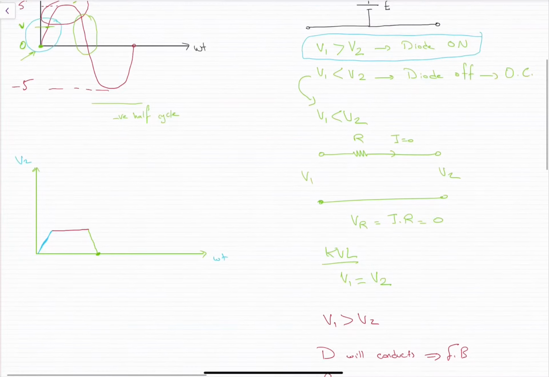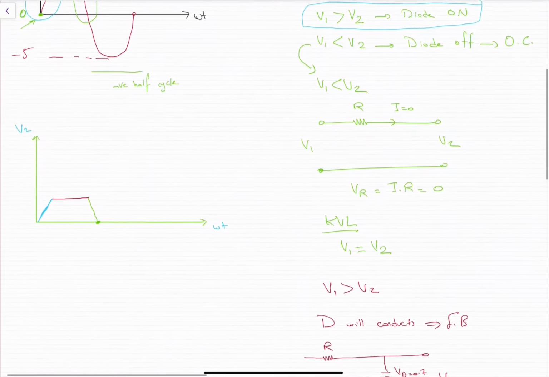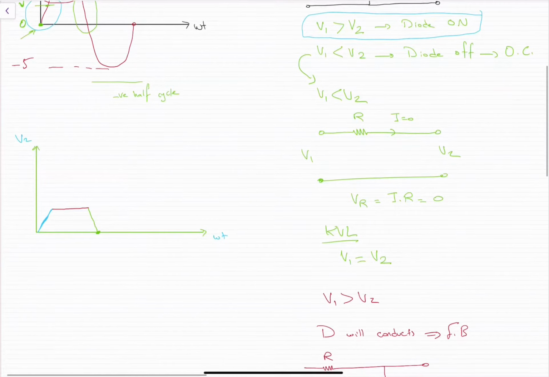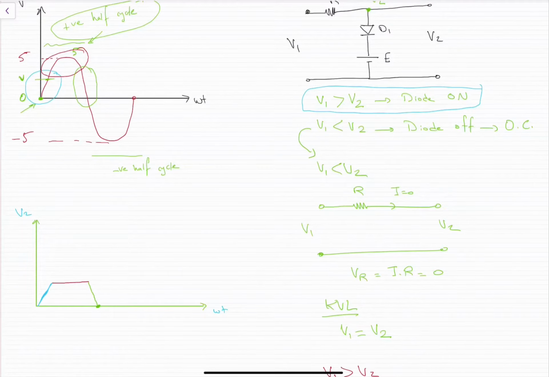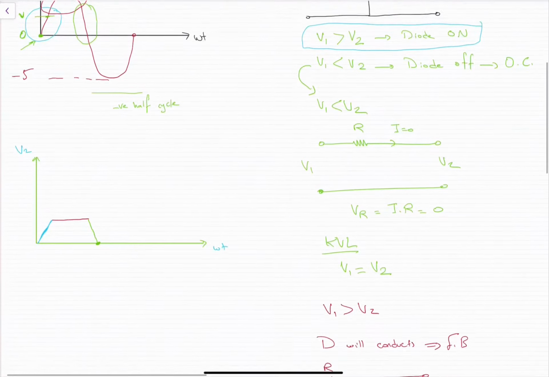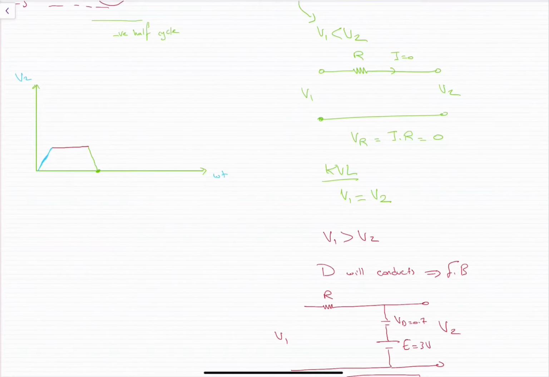So now we finished the analysis of the positive half cycle of the input and the effect of the input to the output. As we can see here, the clipping occurs on the top of the sine wave of the positive half cycle on V2. Okay. To continue the analysis, we will go to the second case.